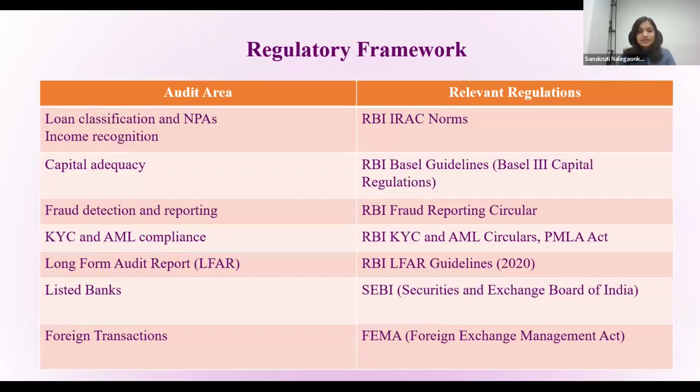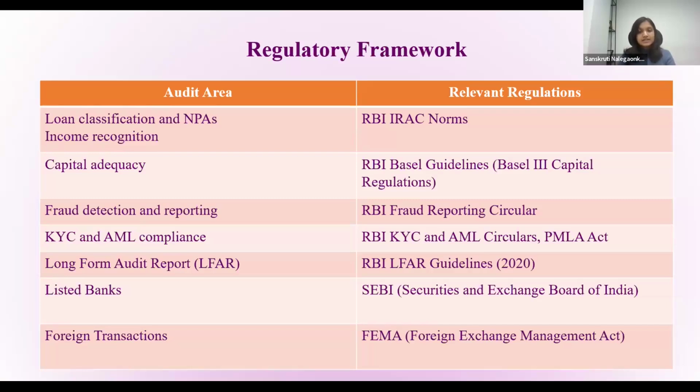For loan classification and NPA, we refer to the RBI IRAC norms, which define asset classification and provisioning requirements, and these norms are issued by RBI. Next, the rules for income recognition, particularly for NPAs, are outlined in the RBI IRAC norms, which specify when interest income can be recognized and when it must be reversed.